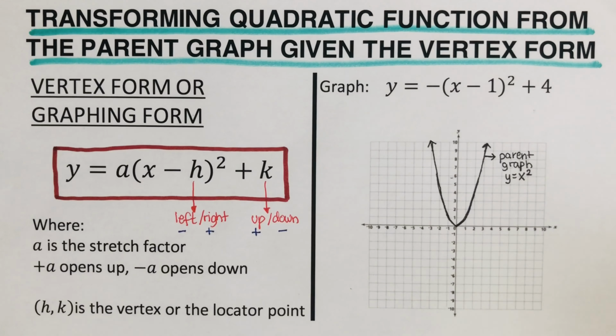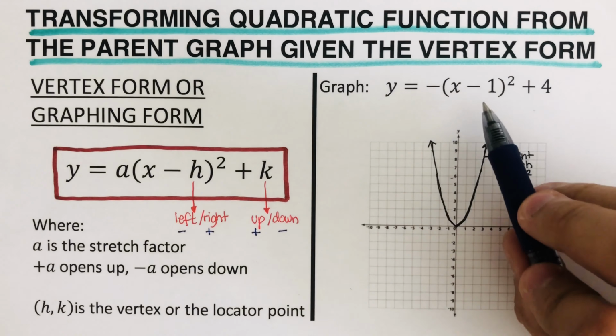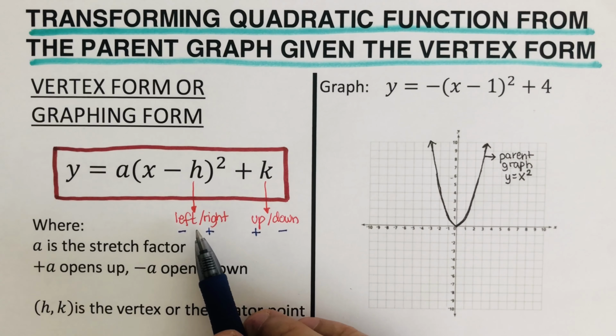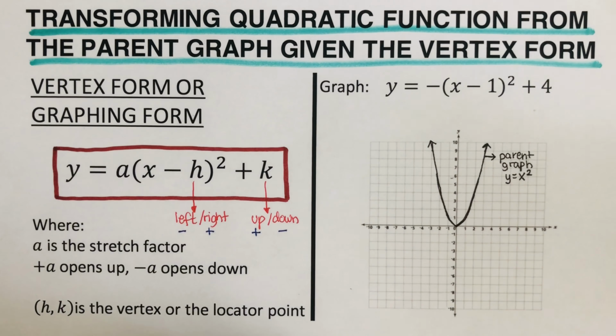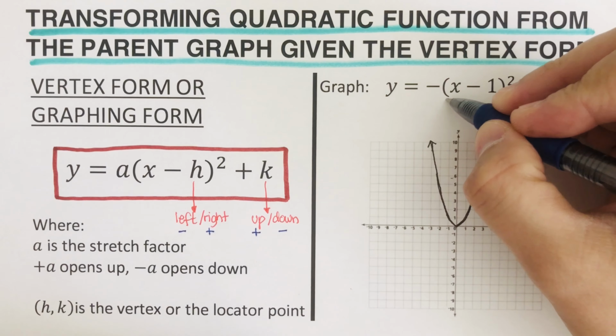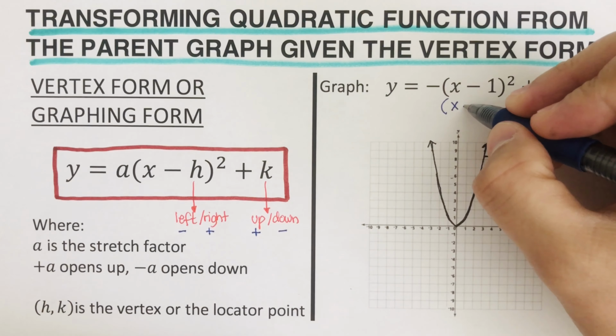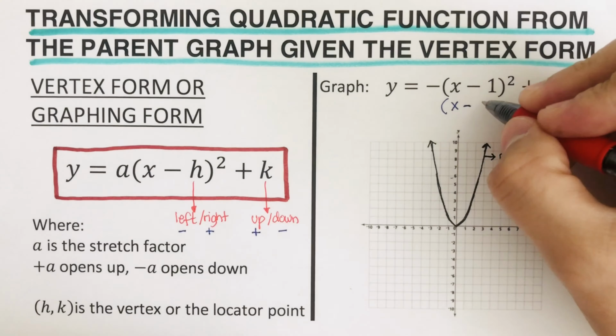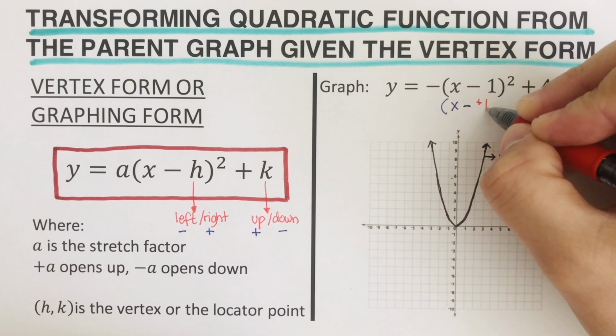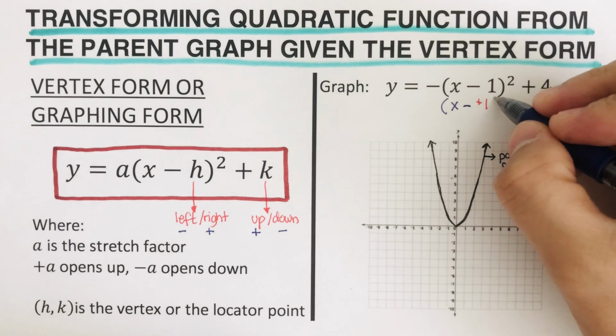Let's have the first example here to better understand what this is. So first we're gonna determine this H because the H is gonna tell us left or right. So we remember that if we rewrite this, it is supposed to be x minus, that's the operation minus, and that should have been a positive 1, and then that is squared.